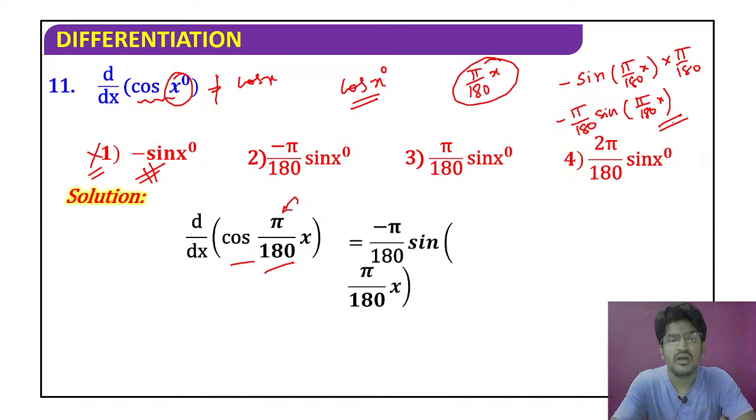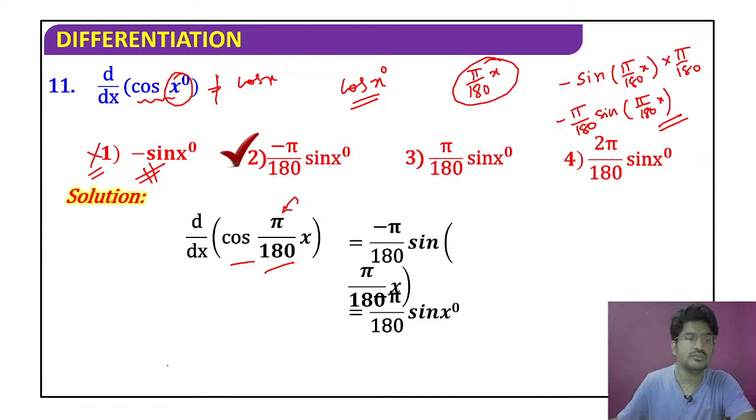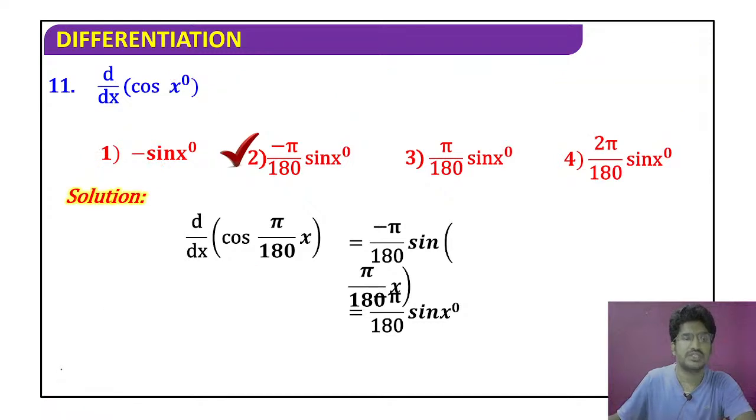So therefore, option 2 is the right answer for this. Most of the students will give the answer as 1, but the answer is not 1, because this is not x, this is x degree.